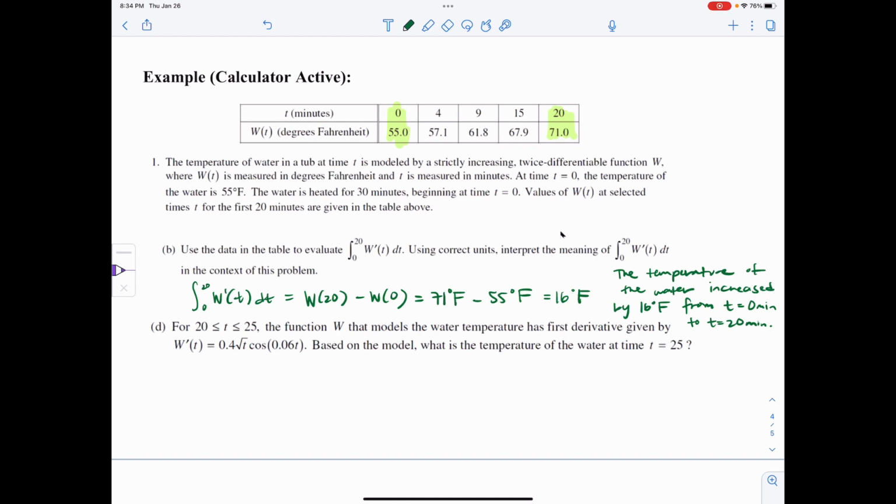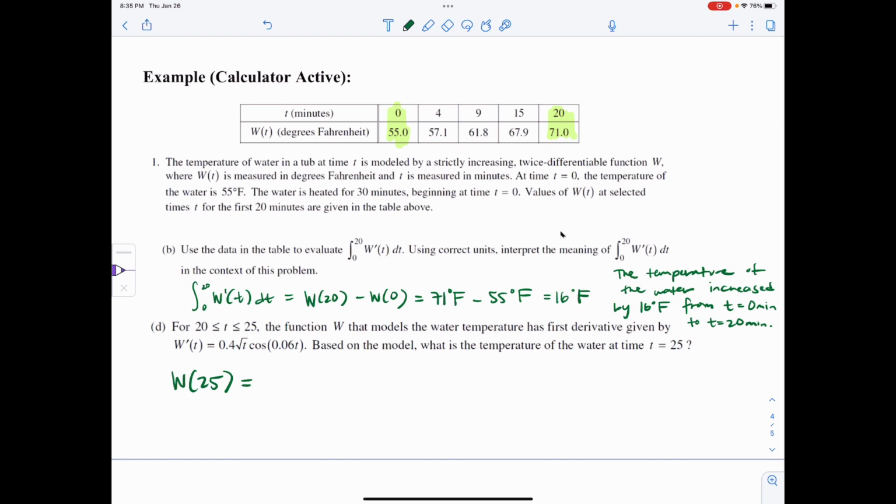So we want to figure out what W of 25 is. We want to know the temperature in degrees Fahrenheit at t equals 25 minutes. Well, we know what the temperature was at 20 minutes, so we could use that as our starting point.